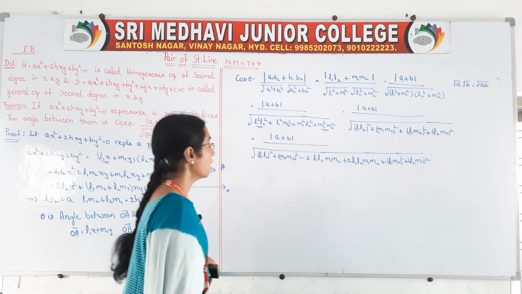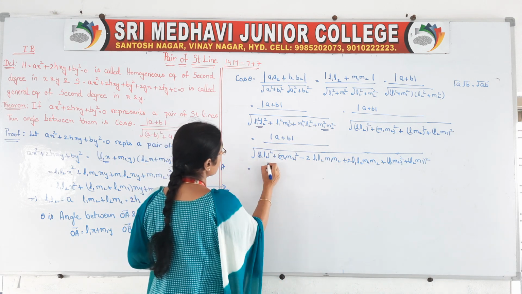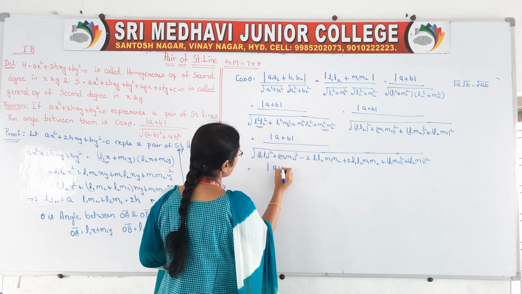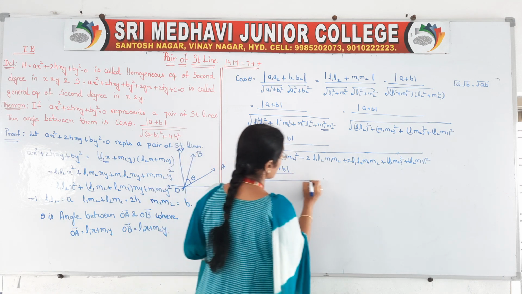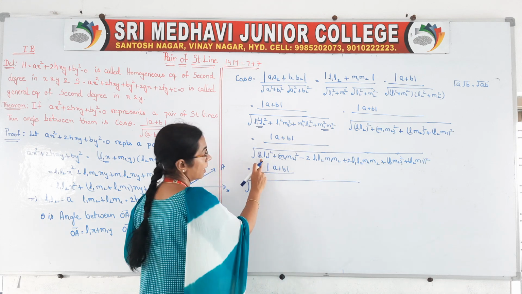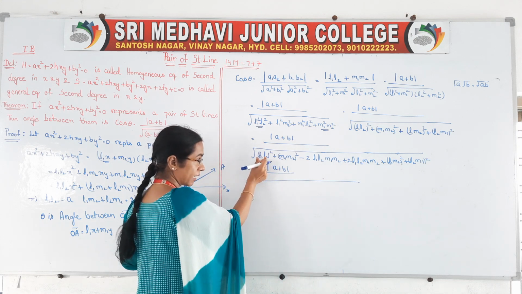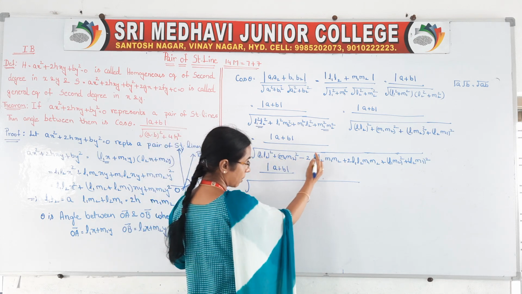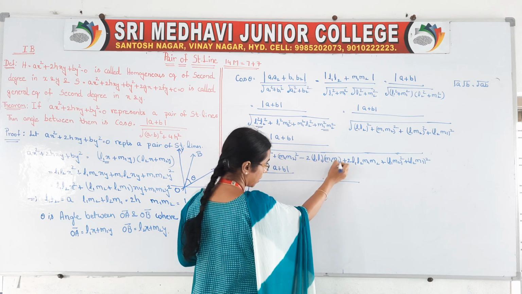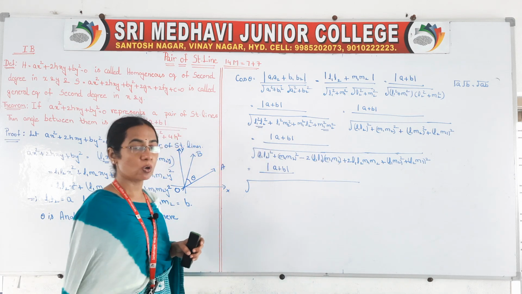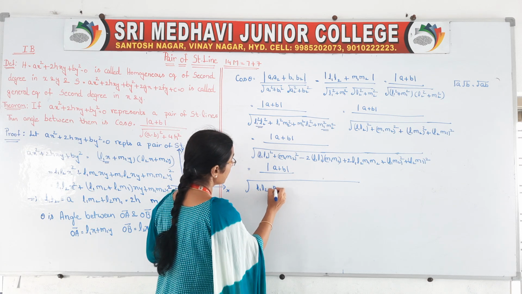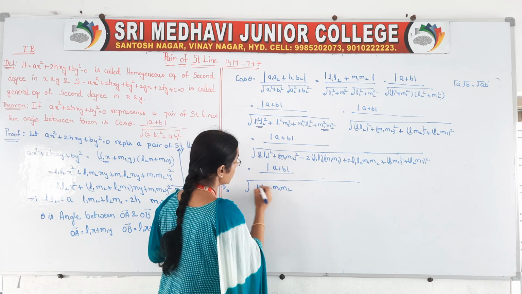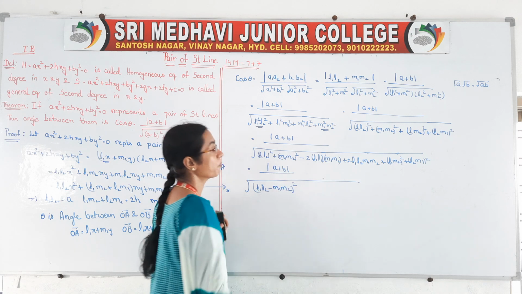Now it is equal to modulus of a plus b by root of, you consider this as a square plus b square minus 2ab form, a minus b whole square form. So it is L1 L2 minus M1 M2 whole square.